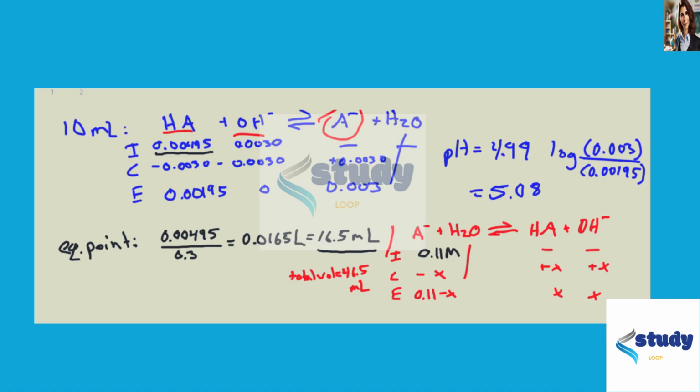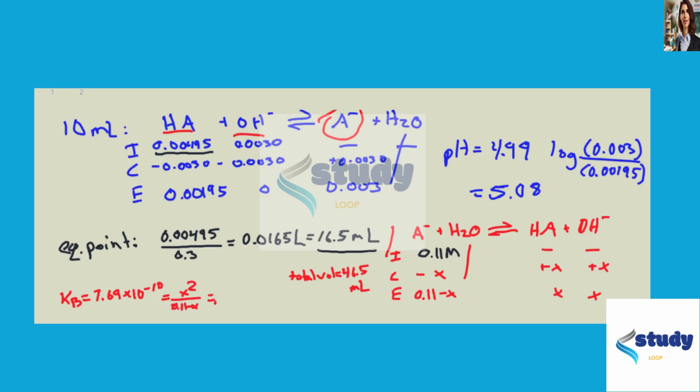And we get our Kb is equal to 7.69 times 10 to the minus 10, is equal to x squared over 0.11 minus x.